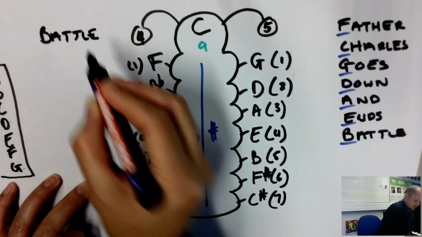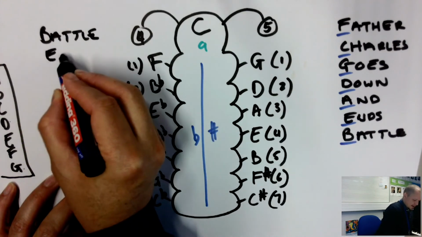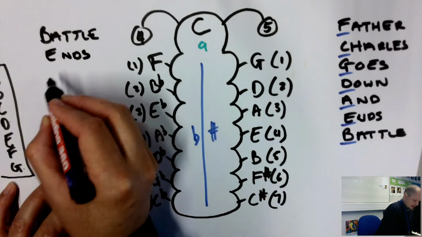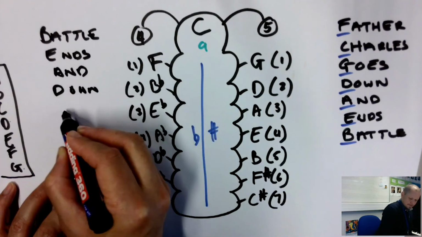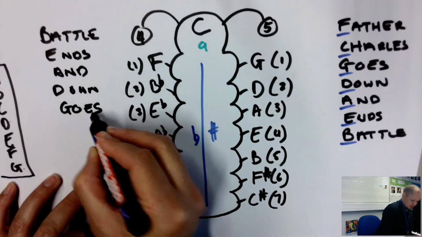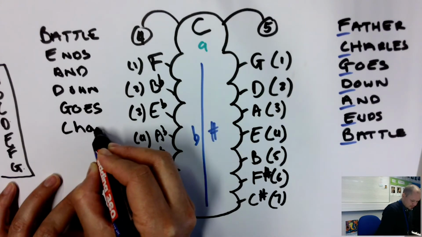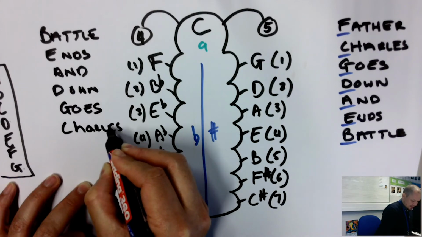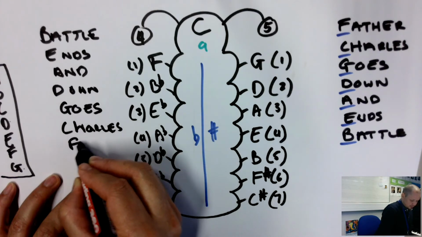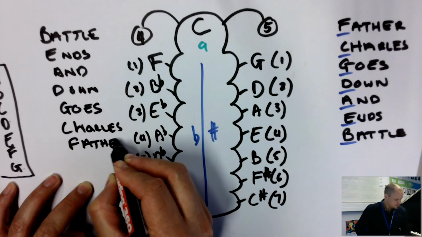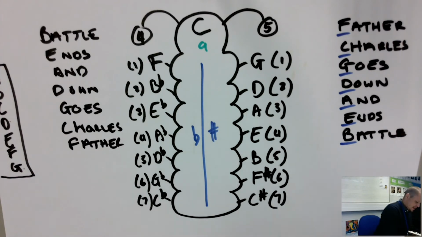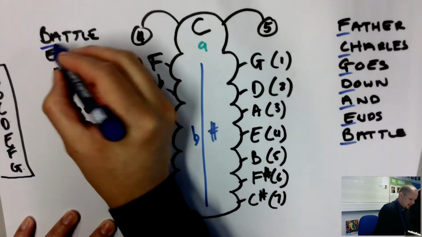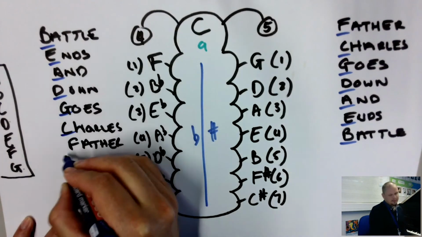Battle ends and down goes Charles's father. It's ever so sad. Battle ends and down goes Charles's father, and that's the order of our flats. B, E, A, D, G, C, and F. 1, 2, 3, 4, 5, 6, 7.